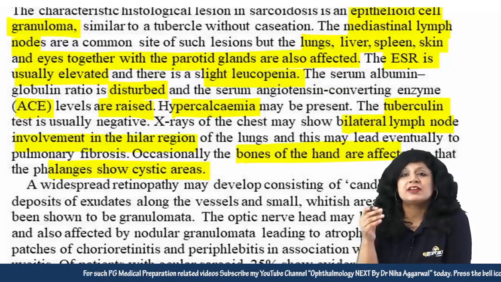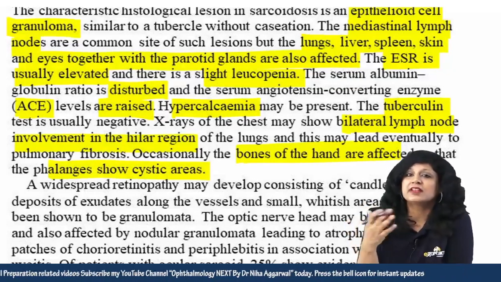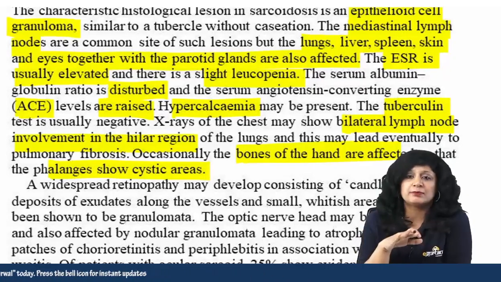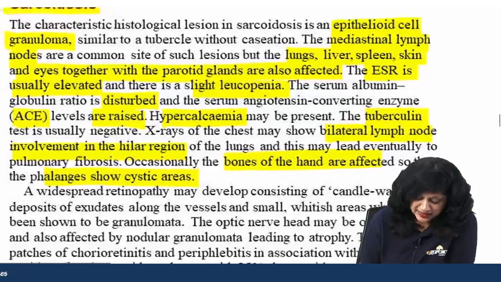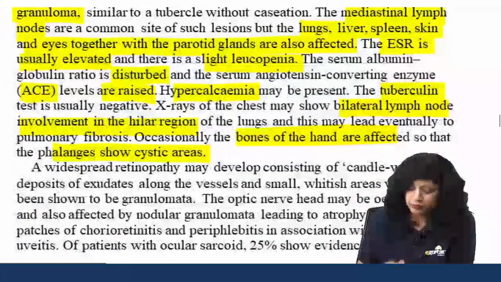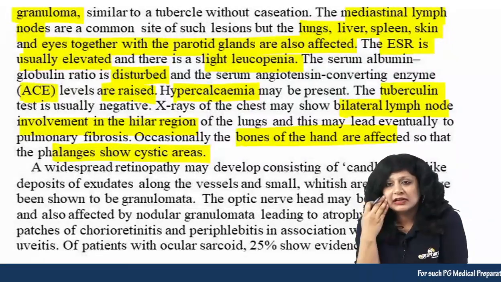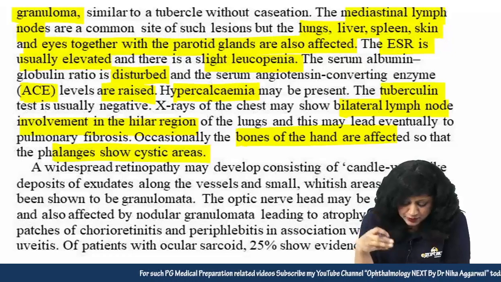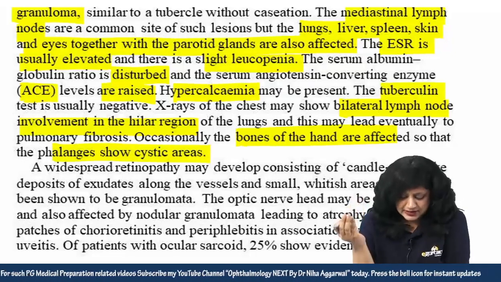Now this is again a very beautiful aspect of Parsons, that they have described and summed up everything about sarcoidosis at one point. Again a large clinical scenario question could be formed from here. A person coming to you with mediastinal lymph nodes, maybe involvement of lung, maybe lacrimal gland, maybe parotid gland, maybe any of these organs. We have ESR elevated.